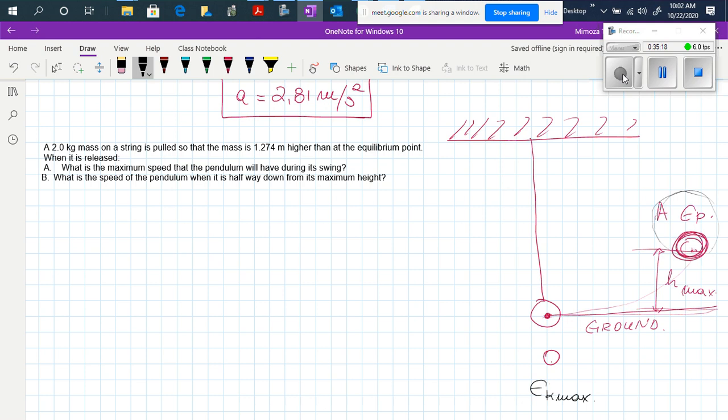And at any point between A and 0, you will have part of it kinetic and part of it potential energy. Is this clear?